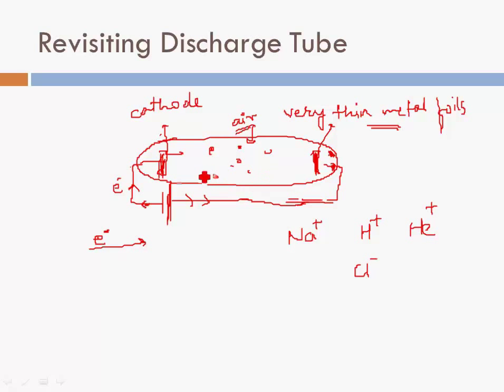Why? Because now I have ionized particles here and I am applying sufficiently high voltage, so there is a sufficiently high electric field between these two electrodes. Due to that electric field, these ionized particles gain high velocities, and they will move towards this end or that end.